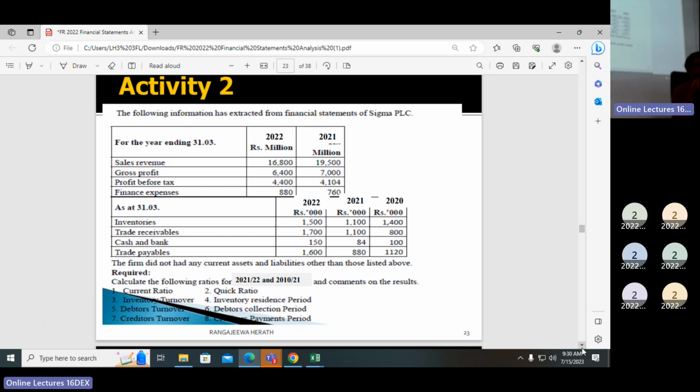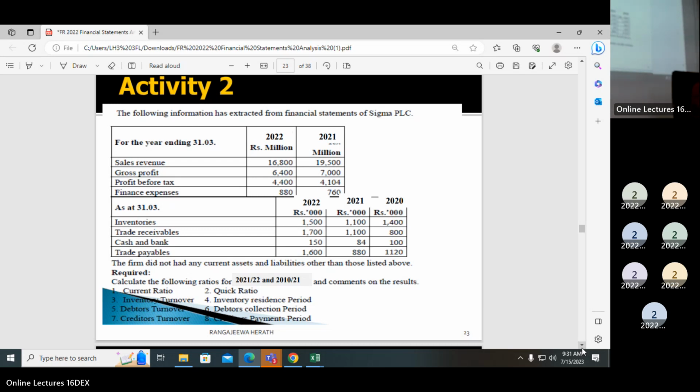Then you can have the table to comment: increase or decrease, favorable, unfavorable, what we have discussed. Any conflicts?